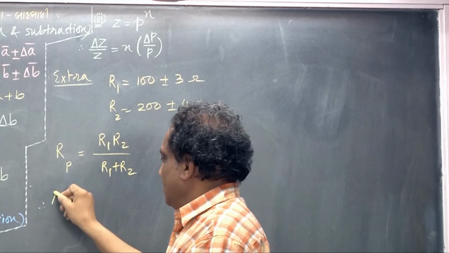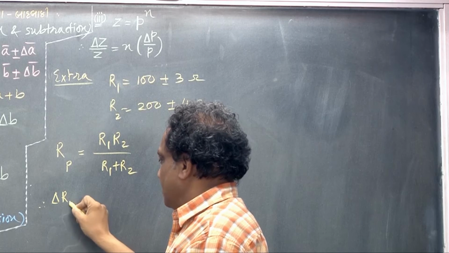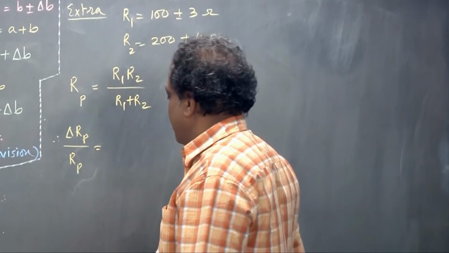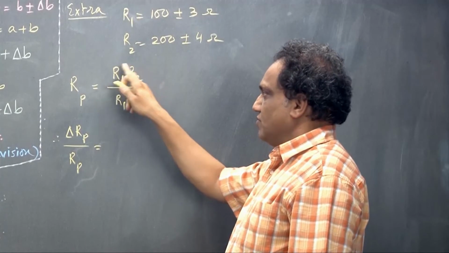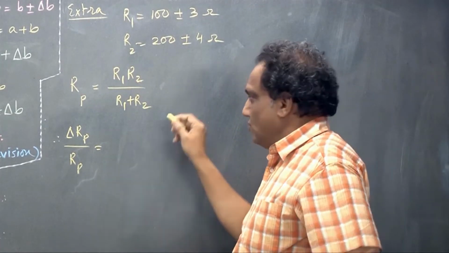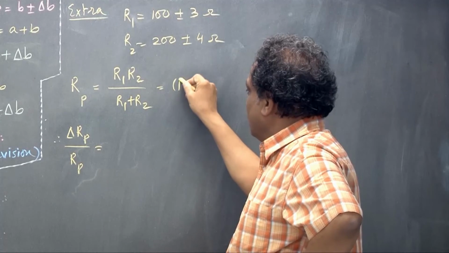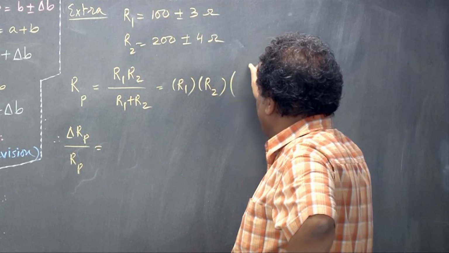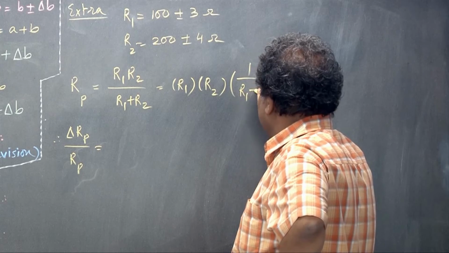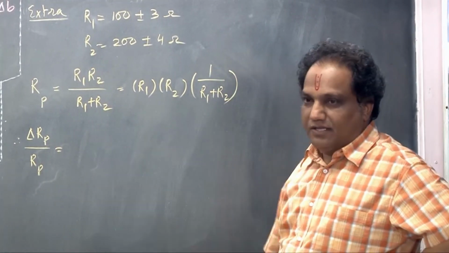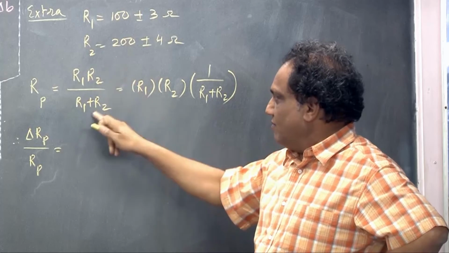Now, if you want fractional error delta RP upon RP, then remember, because these two are in multiplication, can you rewrite this as R1 into R2 into 1 upon R1 plus R2?